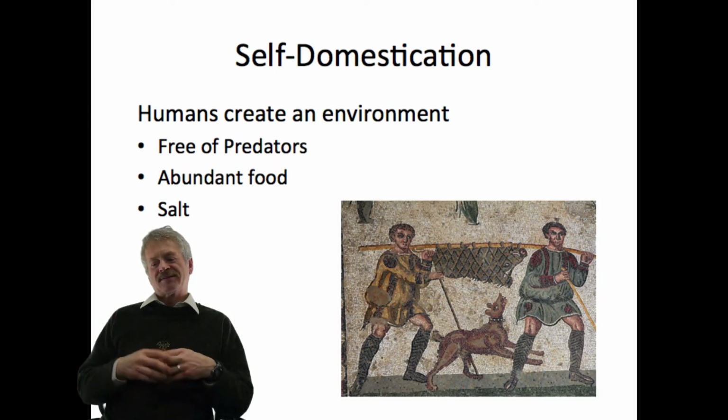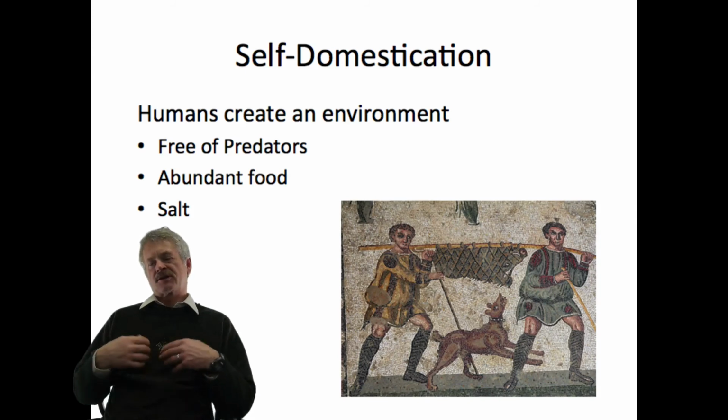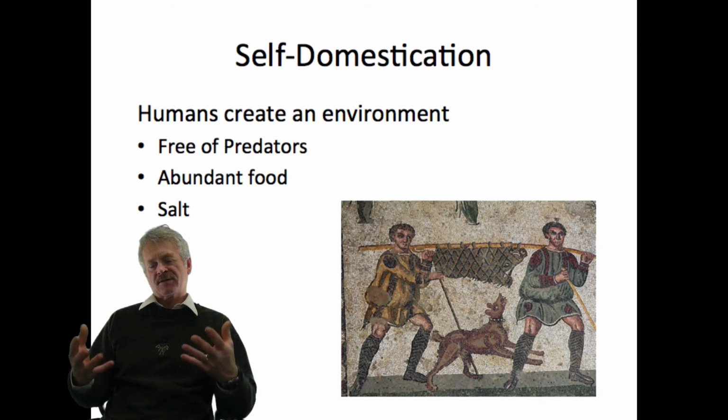They started to consume the garbage, and it's tough to make a living out there as a wolf, but these wolves that hung around our camps and ate garbage were probably better fed, and their survival rate probably went up. So this characteristic trait of docility, socializing with humans, probably was selected for.